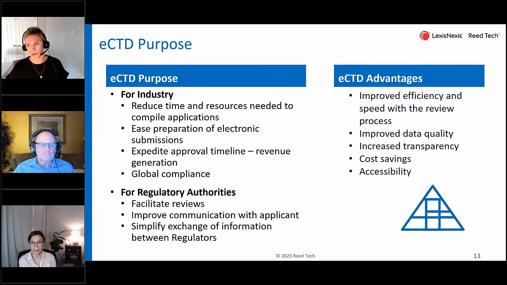And then from a regulatory authority perspective, it does facilitate the review and improves the communication. All of these things together, again, efficiency, speed, cost savings, are all the things that all parties want. So those are some of the reasons to use eCTD and how it came about, and the advantages to doing that.